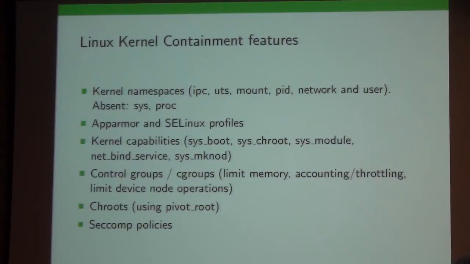I'll show this to you later, but a user ID might look like it's number 65,000 from outside the container, but inside the container that UID appears to be 0. So it appears to be root from inside. But outside, the Linux kernel just sees it as a normal process. It's not privileged.